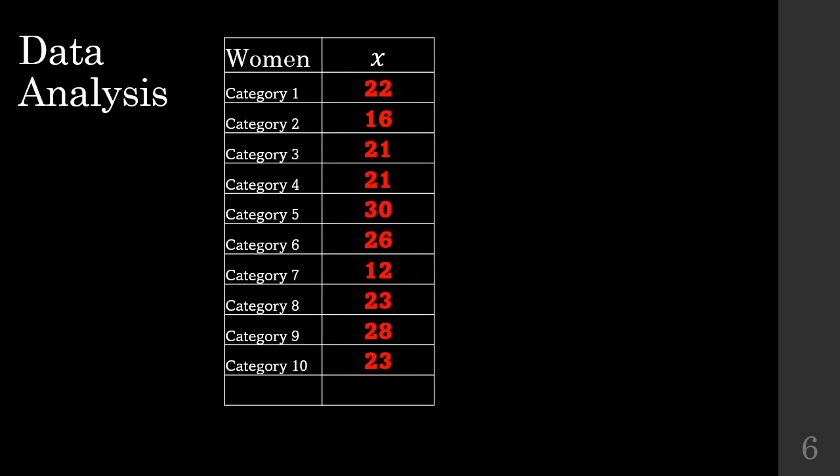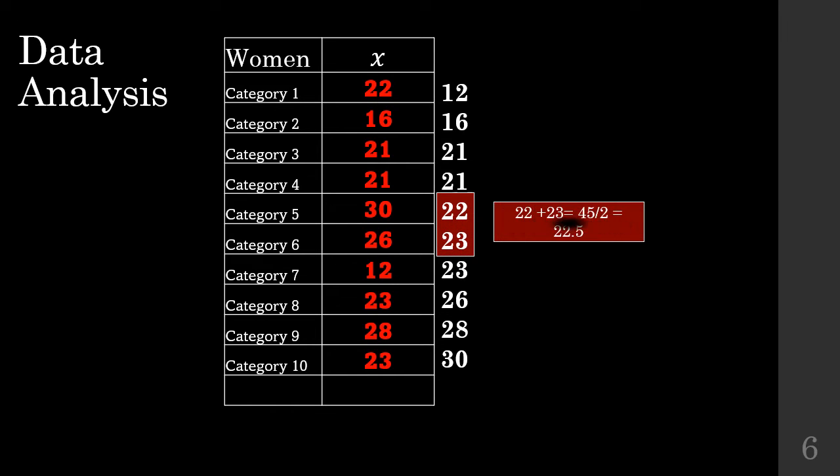Now for the interquartile range, first we need to find the median. So we need to arrange my data in ascending order. Now I have 10 numbers, so the median is going to be the average of the middle two. So that's the median.